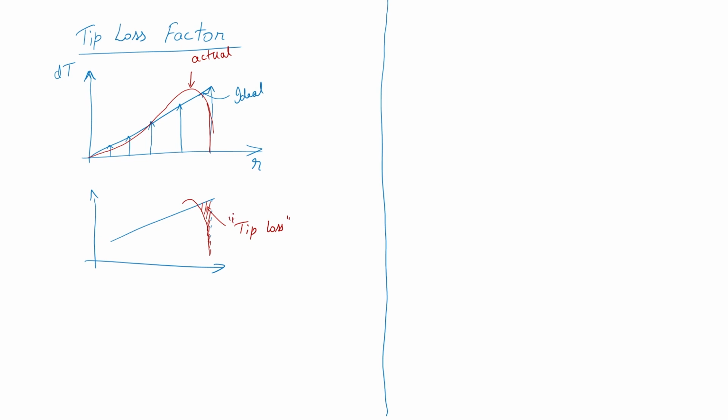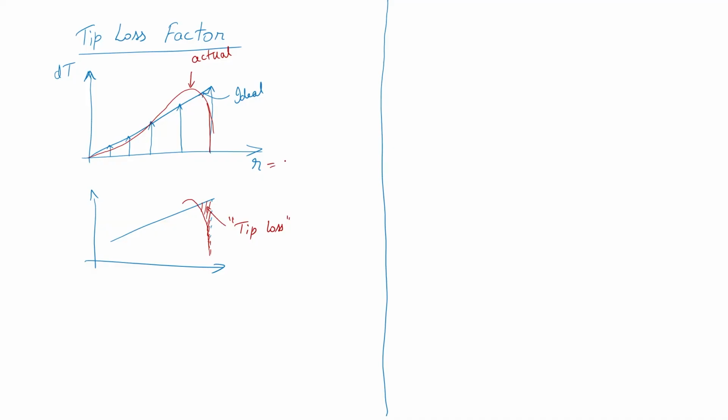What it is trying to convey is that due to the presence of the tip vortex, and also because beyond the blade tip there is no lifting surface, any lift beyond that is 0. So you cannot have a jump where my lift is some finite value and suddenly it disappears. It has to come down, gradually or sharply, to 0.